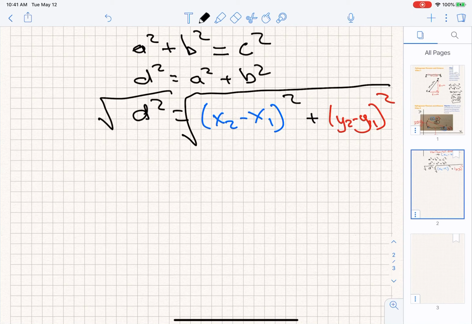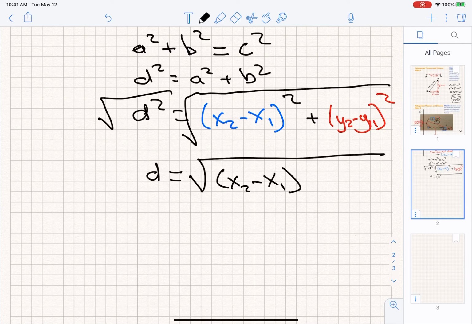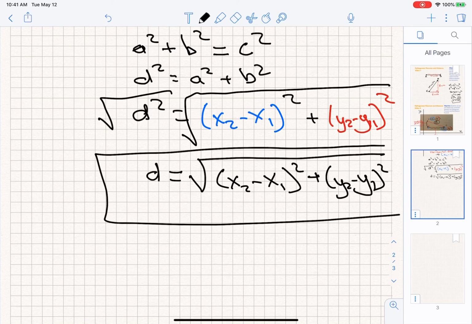The square root of d squared is just d, and we end up with the square root of (x2 minus x1) squared plus (y2 minus y1) squared. Remember, x2 minus x1 is just the horizontal distance. And this, ladies and gentlemen, is called the distance formula.